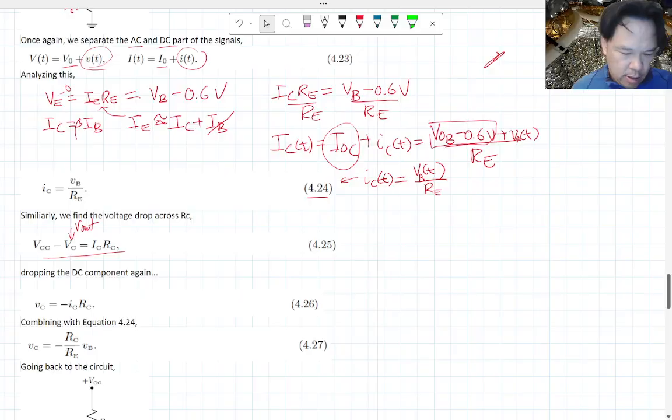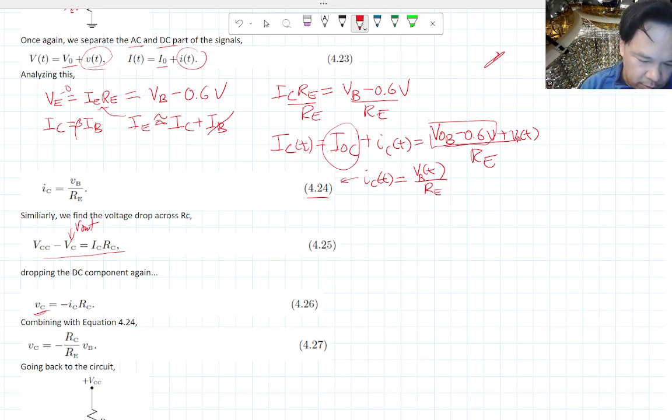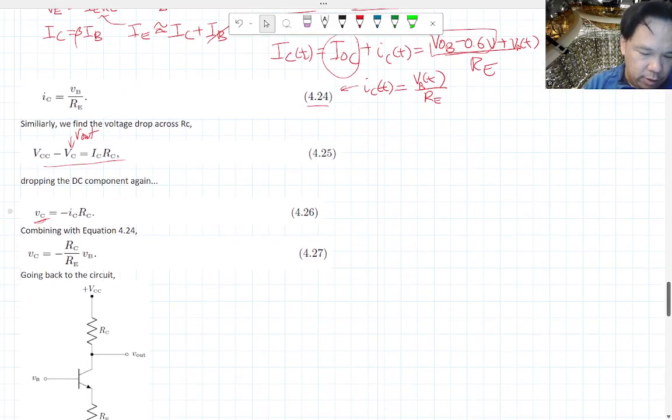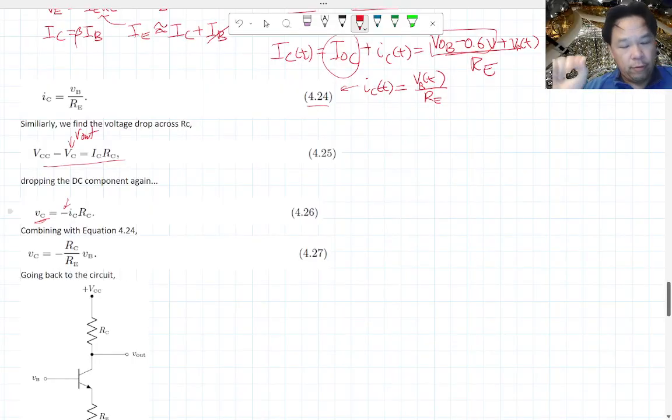With a similar analysis where you're separating the DC term and the AC term, the voltage at the collector is going to be minus the AC current through the collector times the resistor at the collector, with a negative sign because you're doing a voltage drop.